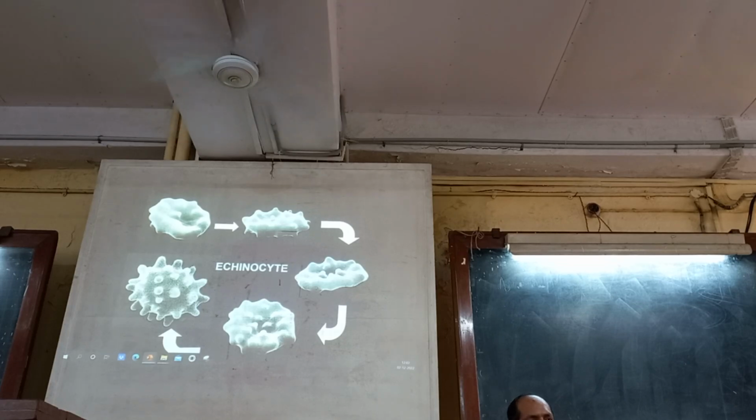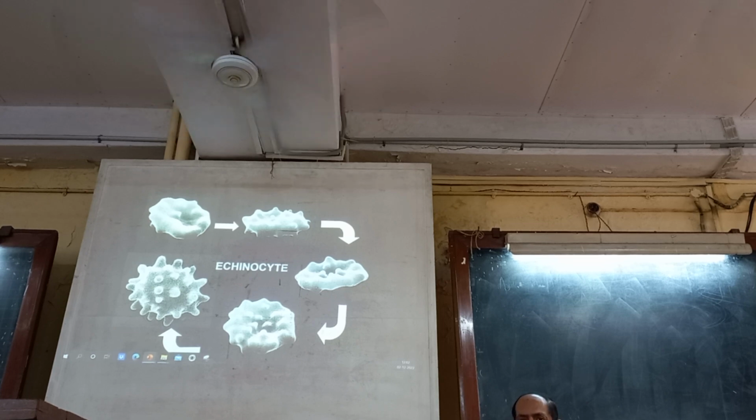The RBC's fluid is leaking, its biconcave disc gets shrunk, but there are some areas which are protruding out, and this is called an echinocyte. Echin means spine. So if you put a hypertonic solution, the RBCs will become this shape.